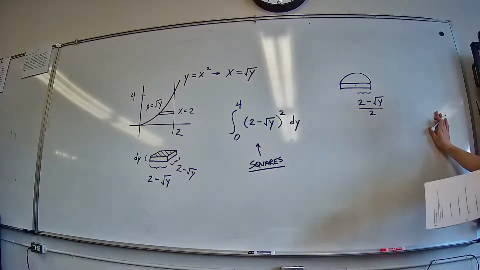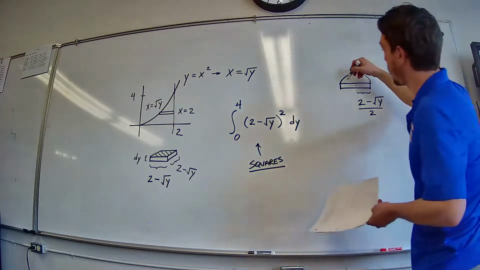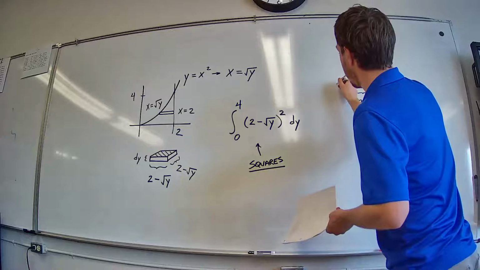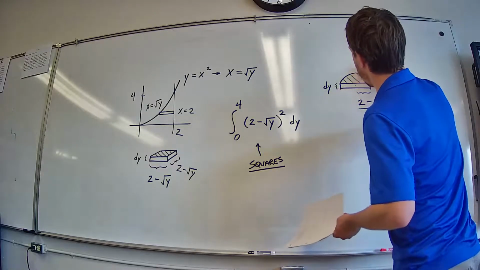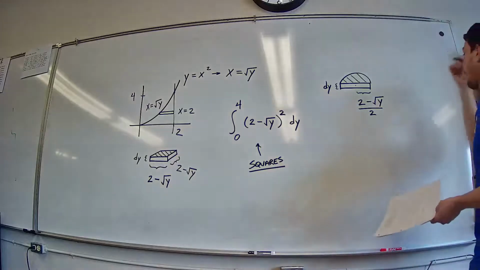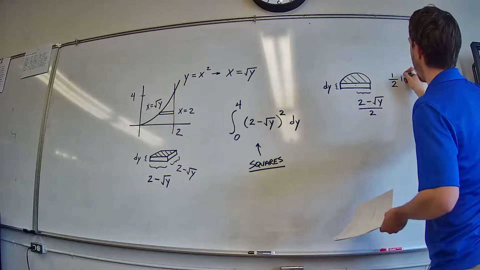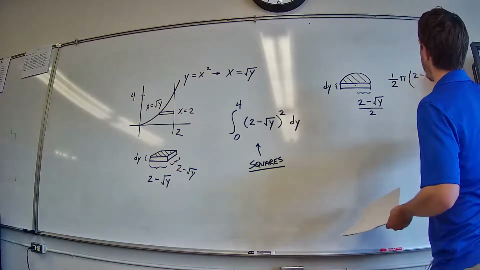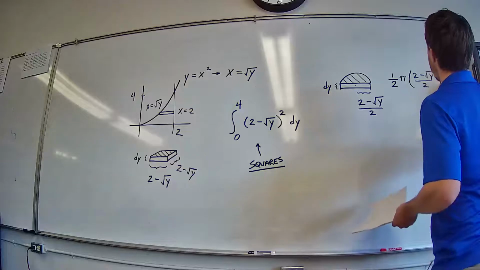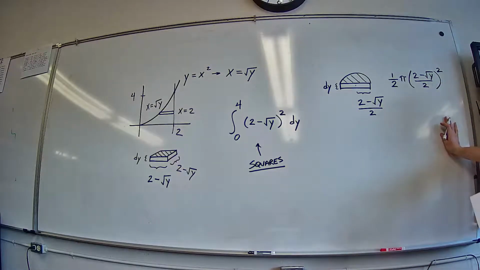Do we understand that? Yes. So then we know the thickness is dy. What's the area of that semicircle? 1/2 pi r squared. Do we like that?